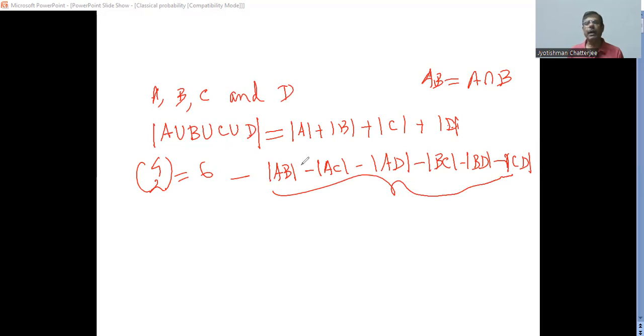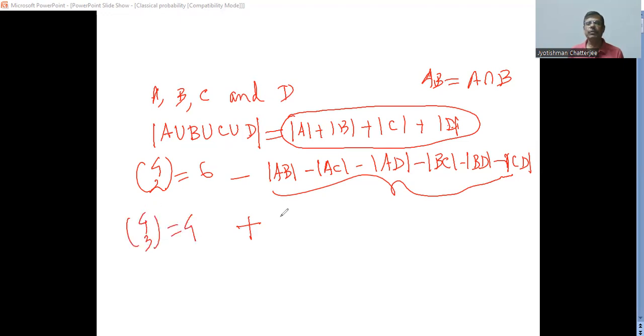I also told you earlier that signs go alternately. First level, all the signs here will be plus, and then the next level, that is AB, AC, etc., sign will be negative. And again, the next level, the signs will be positive. How many next level terms are there? There will be 4C3 equal to 4 such terms.